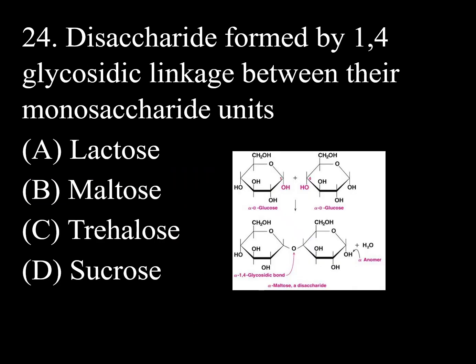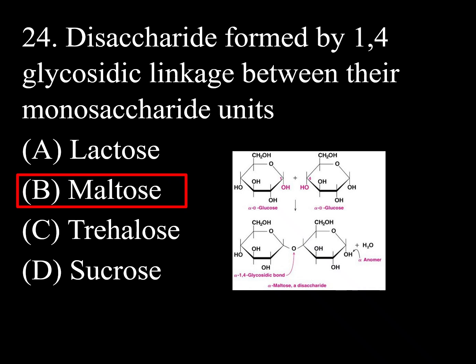Question number 24. Disaccharide formed by 1,4 glycosidic linkage between their monosaccharides. Again, it is asked which disaccharide is formed by monosaccharide units that have the 1,4 linkage, and the right option is maltose. As I already discussed, maltose has the alpha 1,4 glycosidic bond.